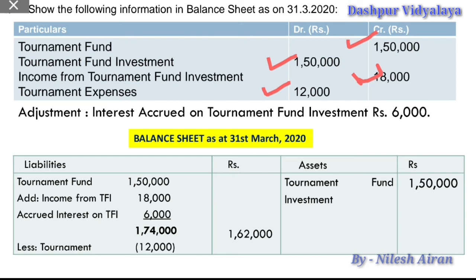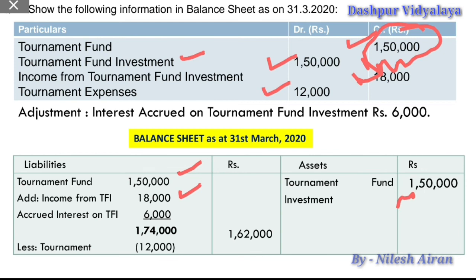Let's see, we are given investment, it is an asset, that is why it will be shown on the asset side of the balance sheet. Then we are given tournament fund, we had tournament fund opening balance of 1,50,000, so that 1,50,000 will be added first. Then we have received income of rupees 18,000 from this fund, so that will be added.